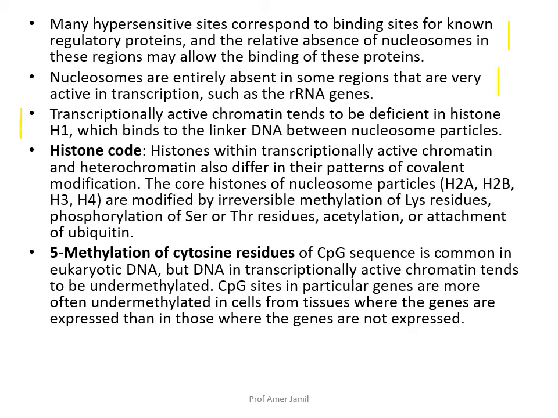And the H1 is attached to the knot of the DNA, where all these four types of histones are within the wound-around DNA. So, in order to make the transcription convenient, these transcriptionally active chromatins are deficient in H1.